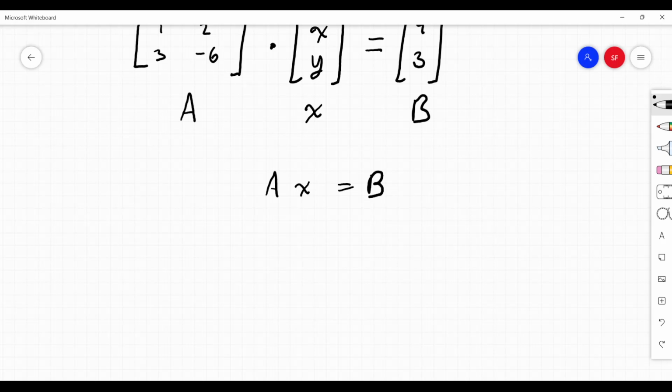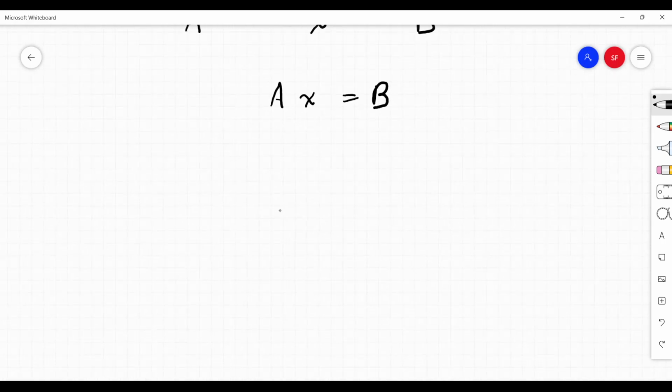How do we get rid of something on one side of an equation? We do the inverse. Like if our equation was 3 times x equals 7, we would use the multiplicative inverse, which is 1/3.